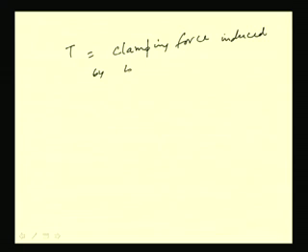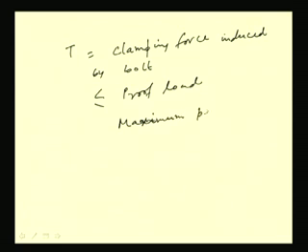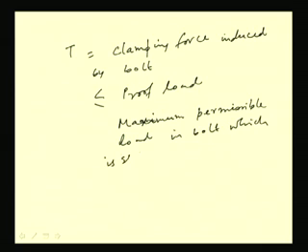So, with all this we can find out the value of T. T is basically the clamping force induced by the bolt, which should be less than or equal to the proof load, that means the maximum permissible load in the bolt, which is basically specified in the code. Right, so we can now find out the value.